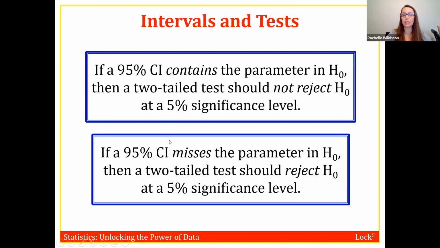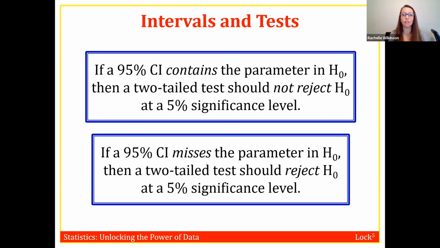If I'm using a 99% confidence interval, that would mean my conclusion is valid at the 1% level, because 1 minus 0.99 is 0.01 or 1%. If I'm using a 90% confidence interval, that would mean my conclusion is valid at the 0.10 significance level, because 1 minus 0.9 equals 0.10.